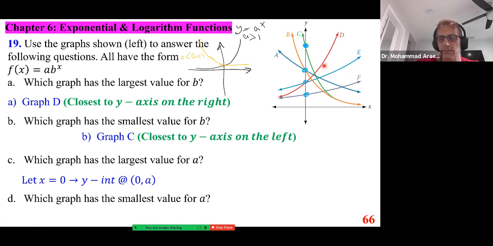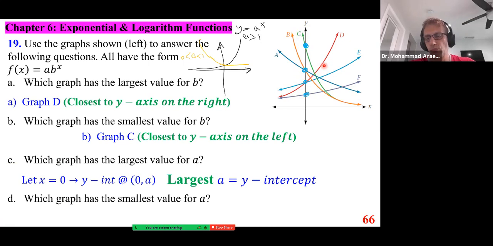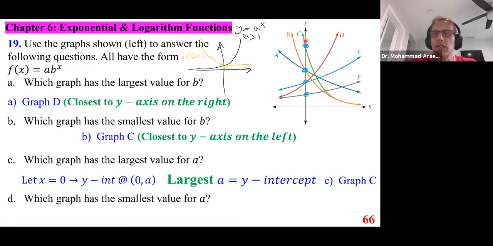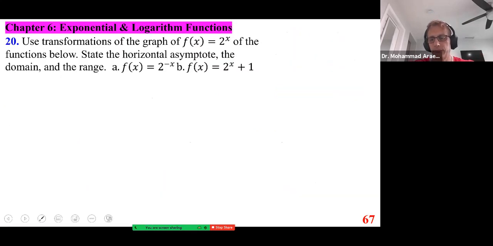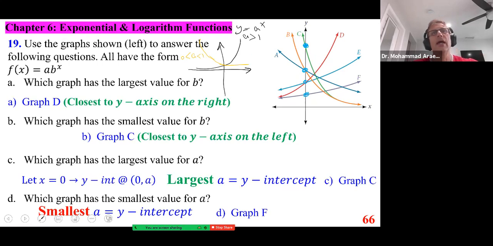So the answer is C. Now, which one is the smallest? Take a look. This is the smallest, right? F. Graph F has the smallest.